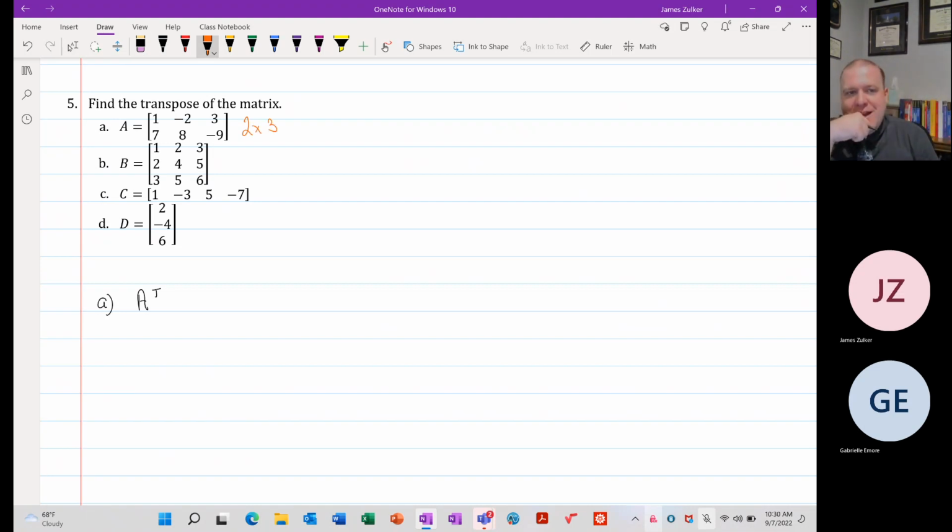So A transpose is going to be 3 by 2. Right? The first column of A transpose is going to be the first row of A. Second column would be the second row, so 7, 8, negative 9. Right, and there's A transpose.